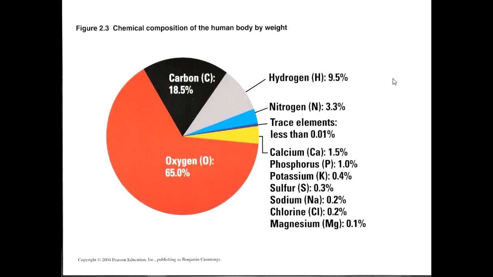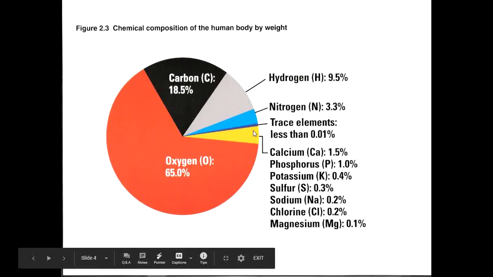So this is what our normal human body looks like as far as the chemical composition. You can see that we are made mainly of oxygen. Then we consist of a lot of carbon, hydrogen, nitrogen, and then right here you will see these trace elements make up this percentage.